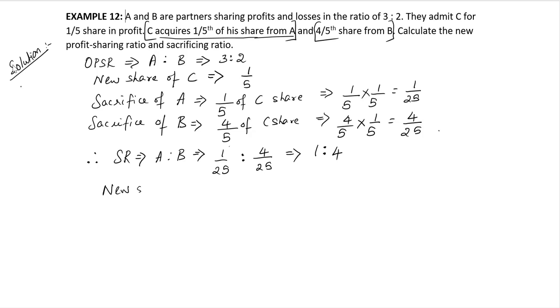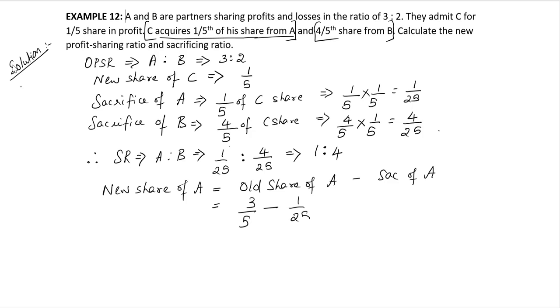Let's get the new share of A by applying the formula. Old share minus the sacrifice. Old share of A is 3 by 5 minus the sacrifice of A is 1 by 25. We get 14 divided by 25.